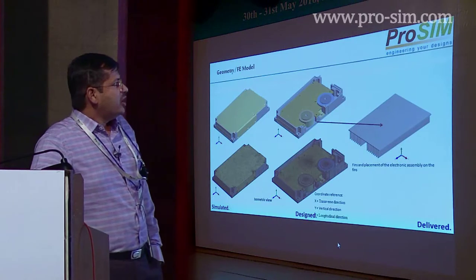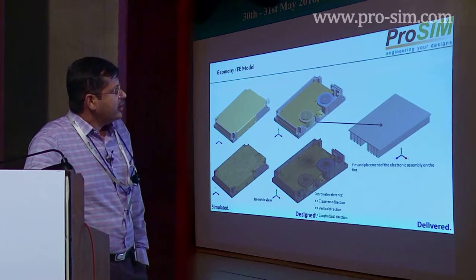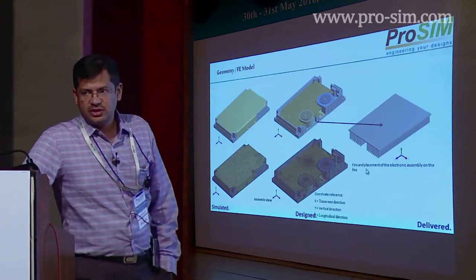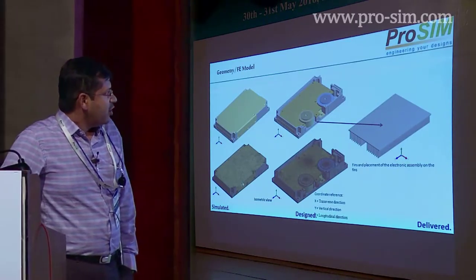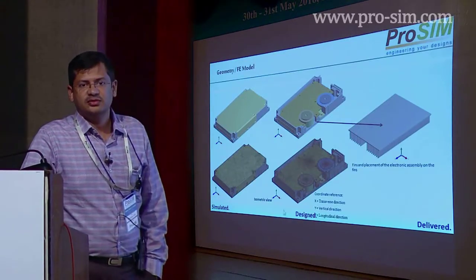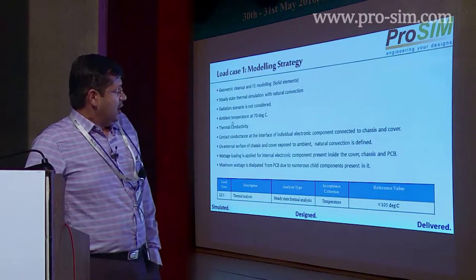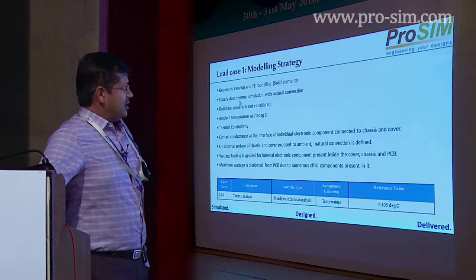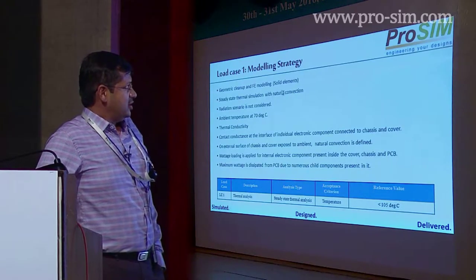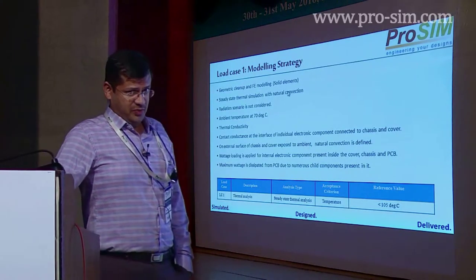This is the model where the electronic unit assembly will be placed in this location as part of the countermeasures. We have modeled it typically with solid hexa elements and also shell elements. After meshing, we proceed towards thermal simulation with natural convection.